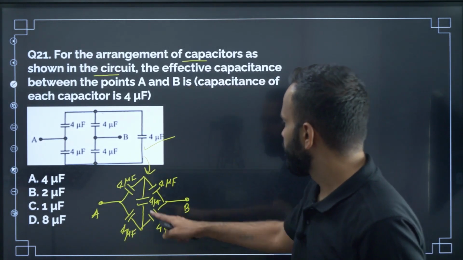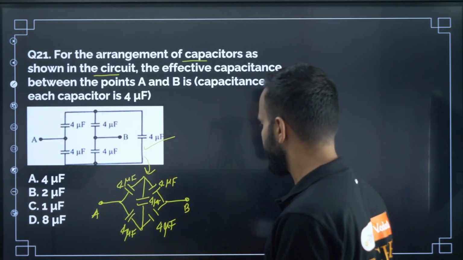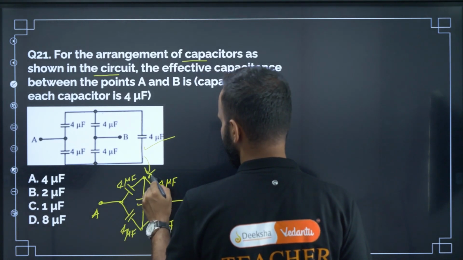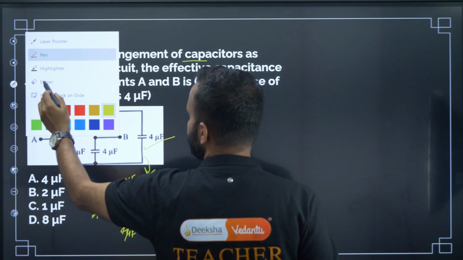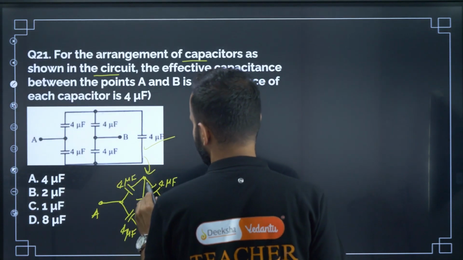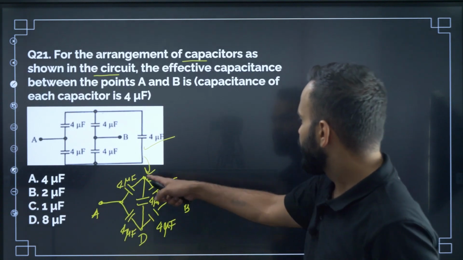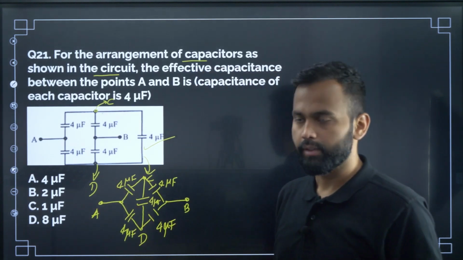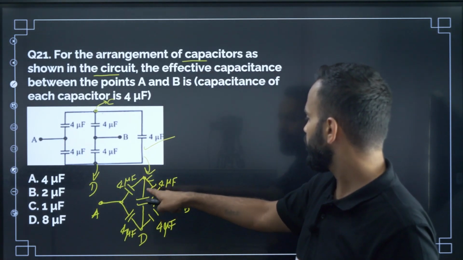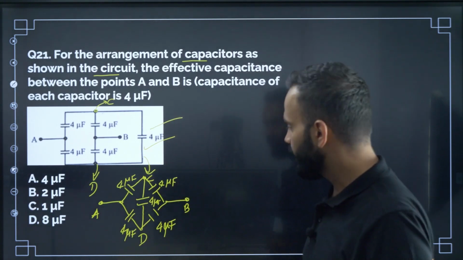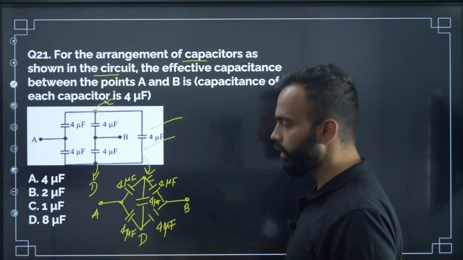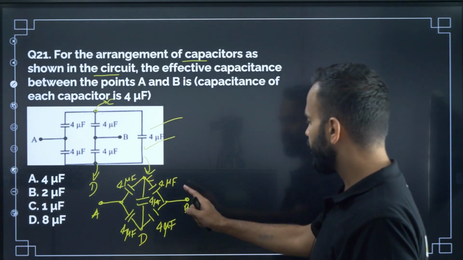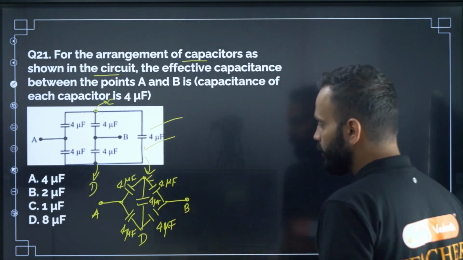Let's name each point: this is A, this point is C, this point is D, and the middle 4 microfarad is this one. This is the balanced Wheatstone bridge. How? Take the ratio 4 microfarad by 4 microfarad on one side and 4 microfarad by 4 microfarad on the other. Both sides the ratio is the same, so this is a balanced Wheatstone bridge.